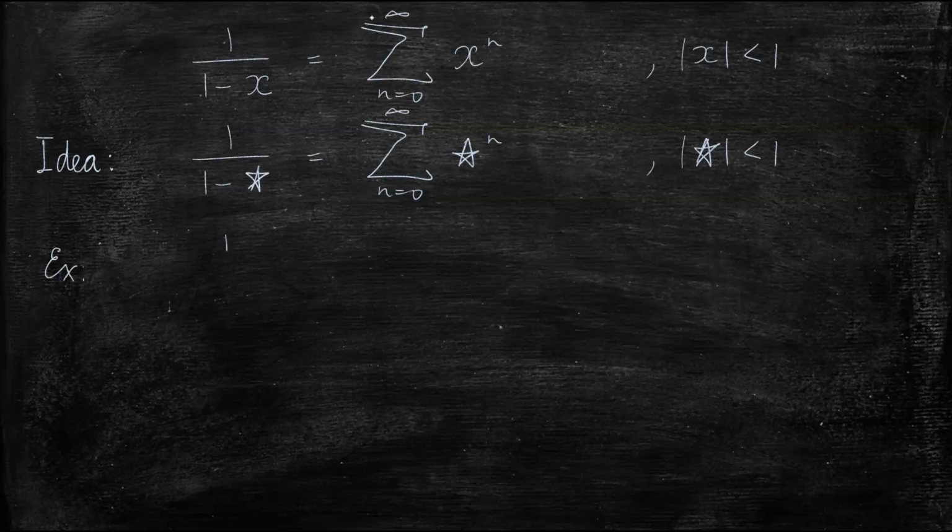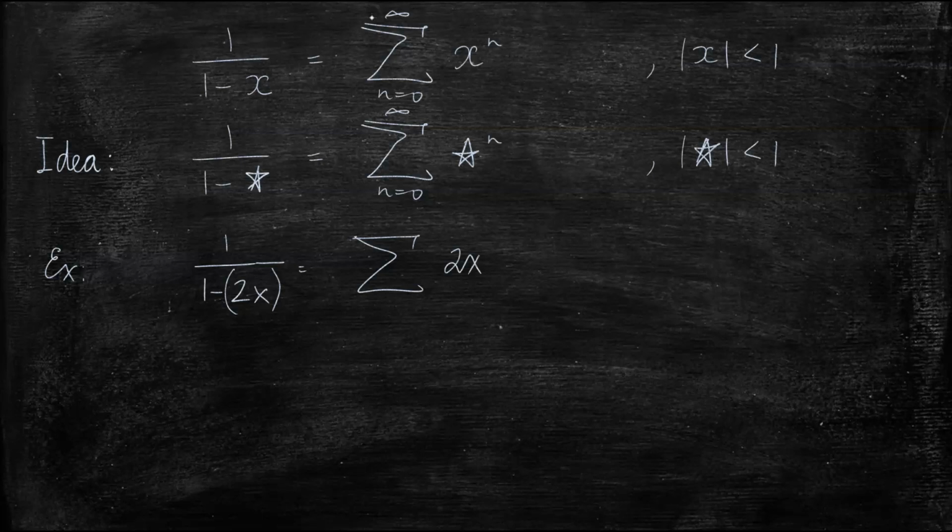So, for example, what would be a power series that represents this function? And the answer is very simple. If we want to find the power series that represents this function, we identify this pattern, and we identify that in order for us to take advantage of this pattern, the star has to be 2x.